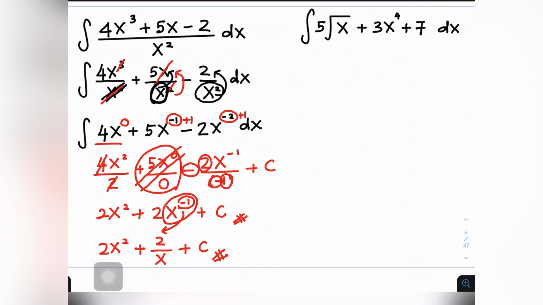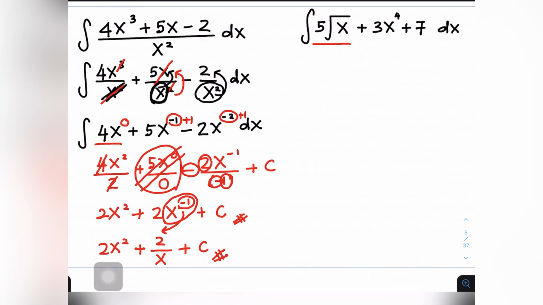If the question before was in fraction form, where I told you we cannot integrate a fraction and we need to make some changes, it is similar to an equation that involves a square root. You cannot integrate or differentiate a square root. So the square root needs to be changed into a power.